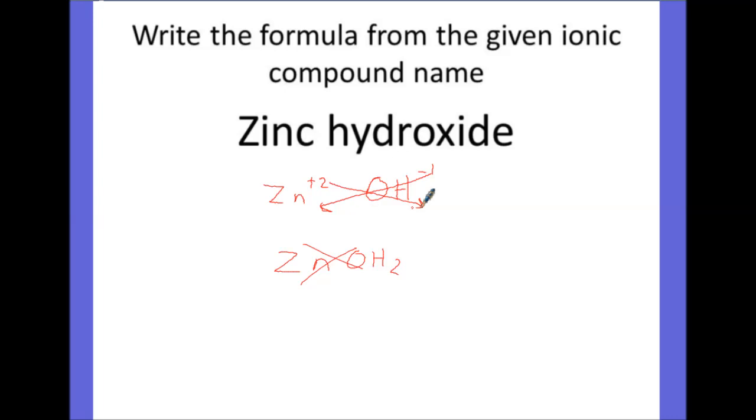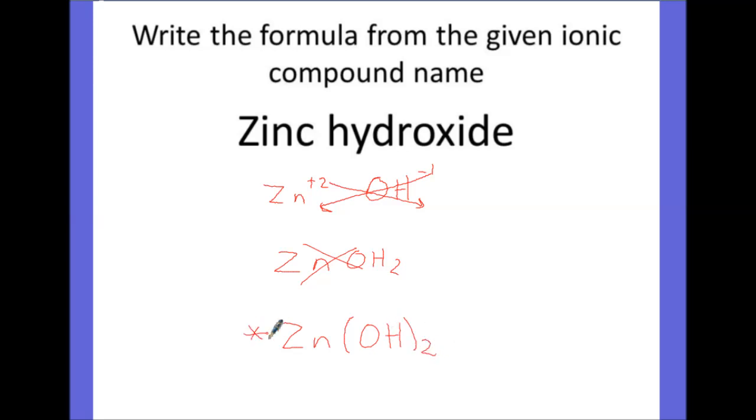All right, but remember, this is a polyatomic ion. Poly means many, atomos means atom, so many atoms in an ion. If it's anything other than a 1, like 2, 3, or 4, coming down over here, you have to include it in parentheses. So the answer is really Zn(OH)2.